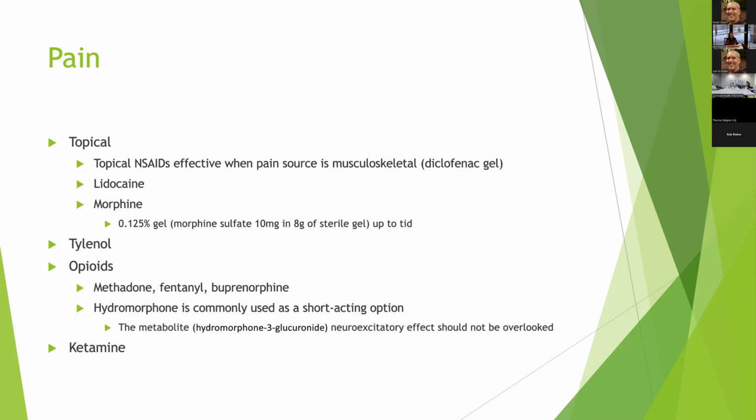And then if you are looking for a short acting agent, hydromorphone is commonly what's used for an immediate release. And the metabolite has potential for a neuroexcitatory effect. So just be mindful of that. And then also ketamine is also a good option.